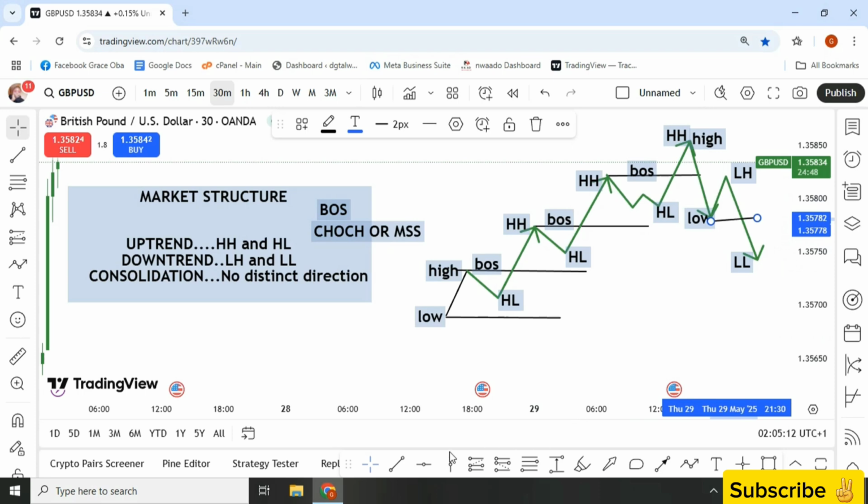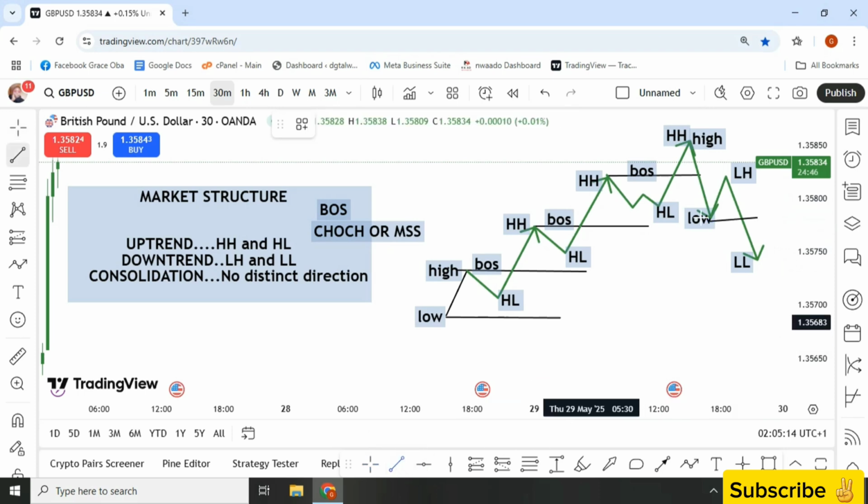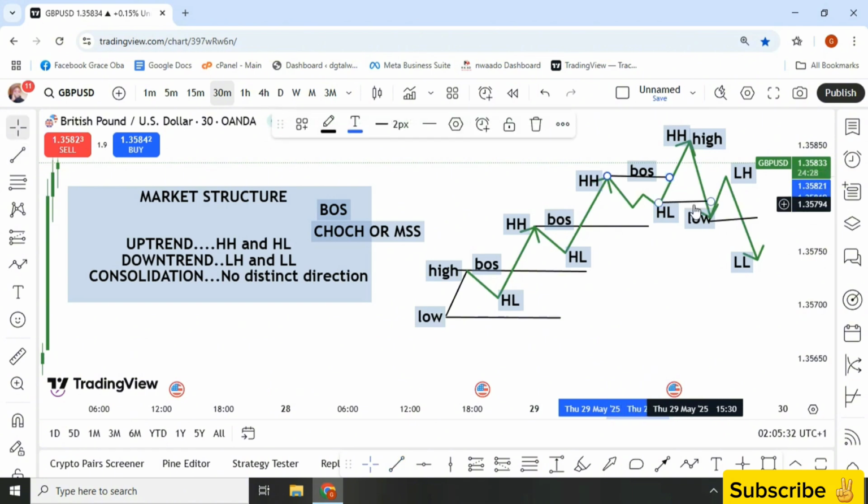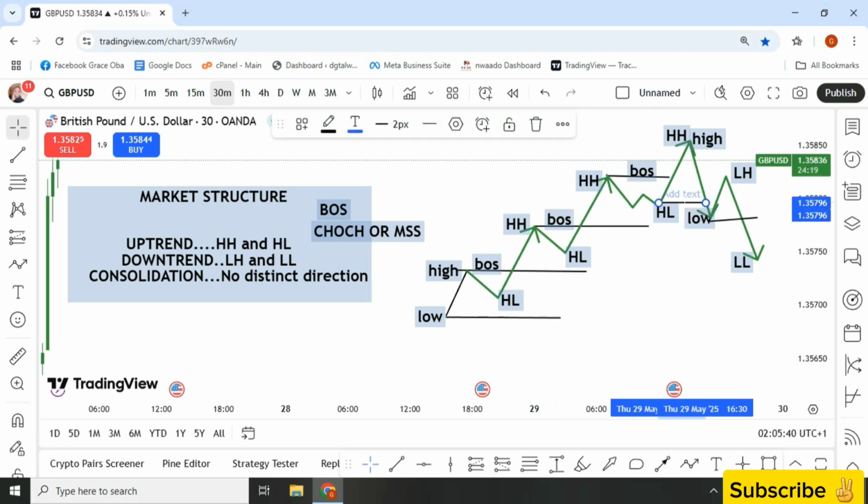So from this trend line here, there's a change of character here. So I'll just label that change of character.